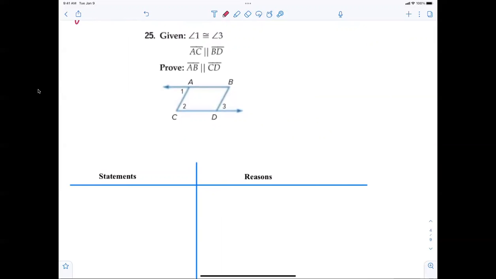Angle 1 is congruent to angle 3, so we're marking that. And then AC is parallel to BD. So AC is parallel to BD.